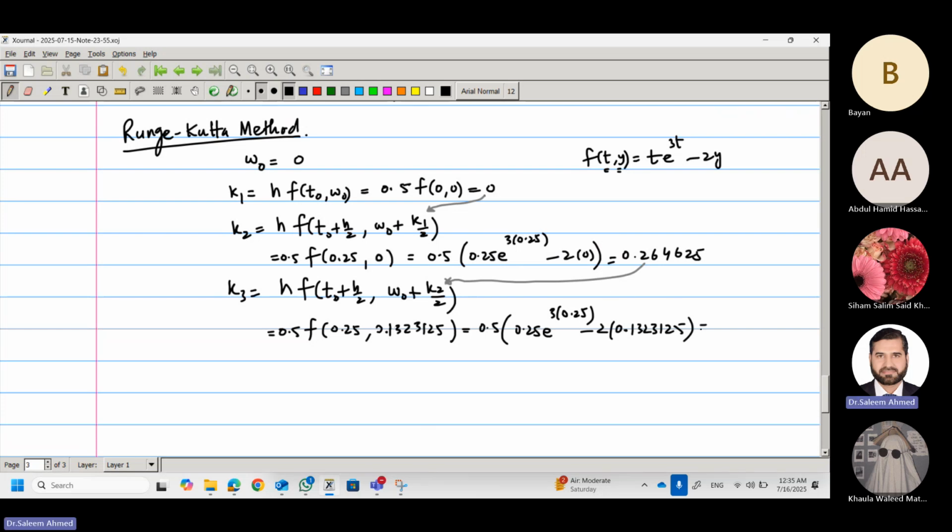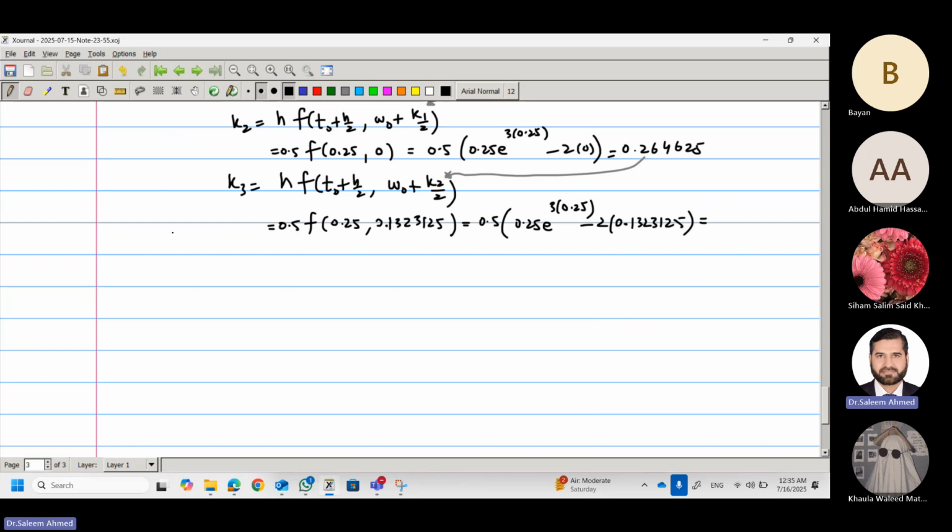So calculate this one; whatever answer you get is your K3, and you put it in K4.